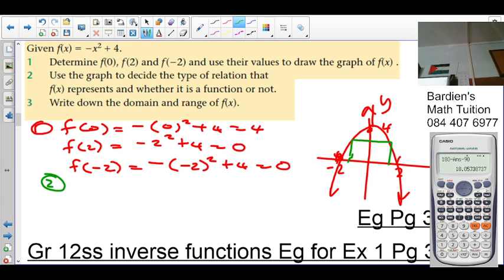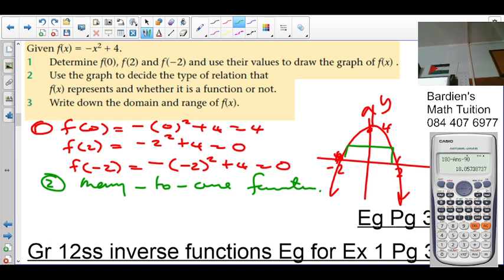We said that since you have 2 x's and 1 y, it's going to be considered as a what? A many to one function. So it's a many to one function.